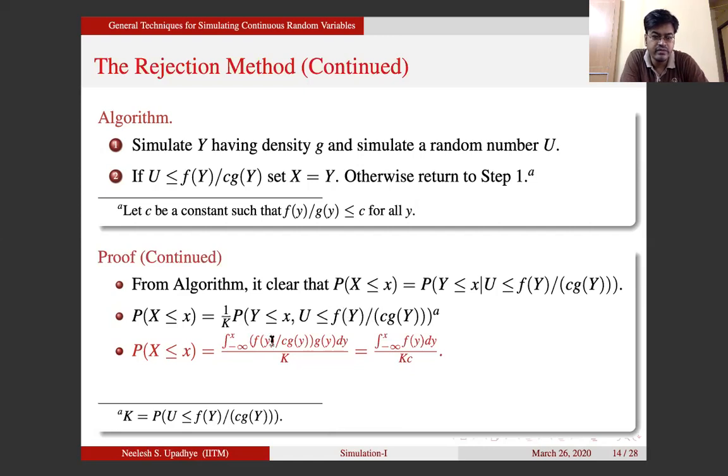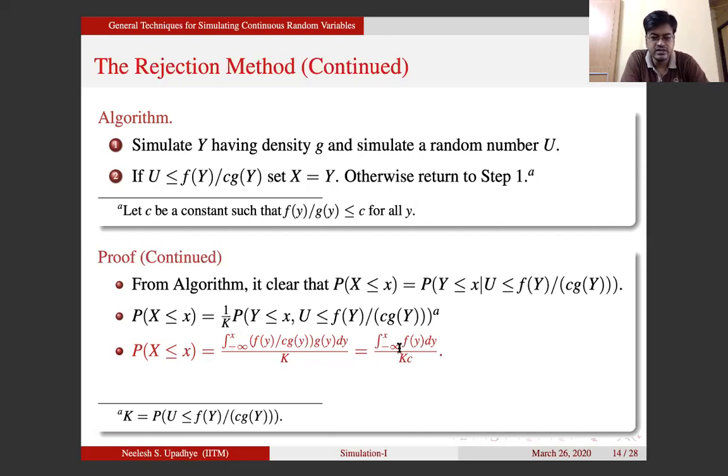Then the density of Y is g, so the integral from minus infinity to x, with this term accounting for u less than or equal to f(y) by c g(y) and multiplied by the density g(y), gives this probability, upon k. Now g(y) gets cancelled, and we remain with f(y) by c, integral from minus infinity to x dy.